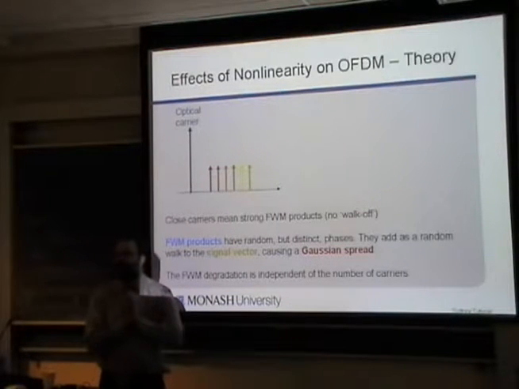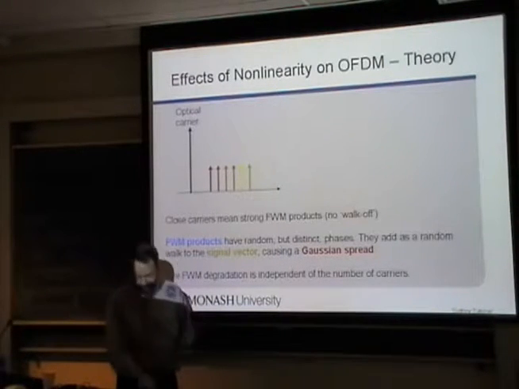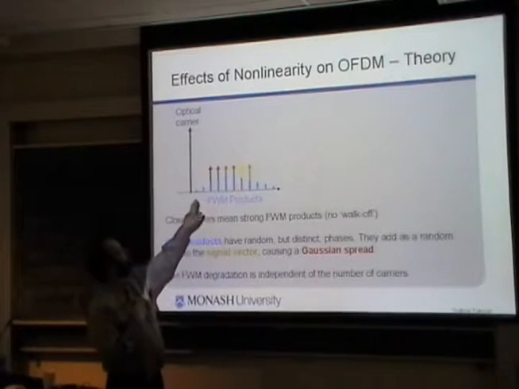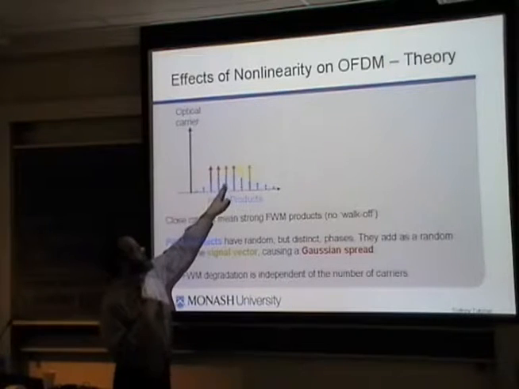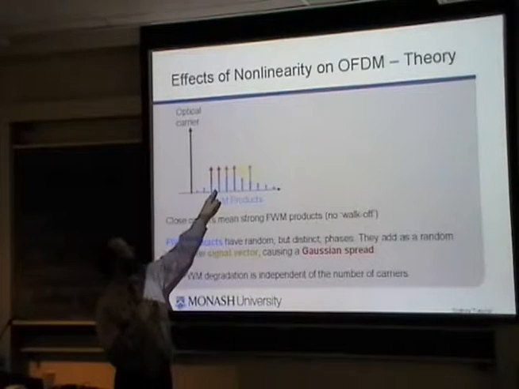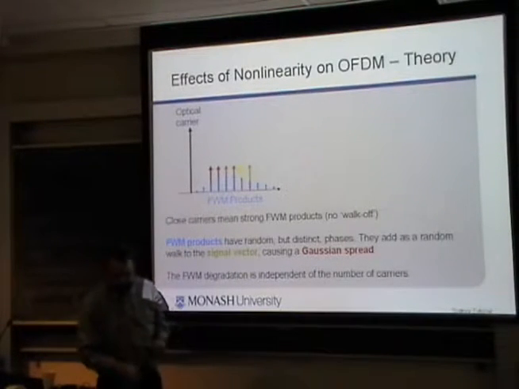And the number of four-wave mixing products you get is roughly proportional to N cubed. So if you have 1,000 subcarriers, you'll get 1 billion four-wave mixing products. And how can that possibly work? For example, these subcarriers here will produce lots of little four-wave mixing products, some of which will fall on neighboring subcarriers, and others which will fall out of band. But there's a lot of them.